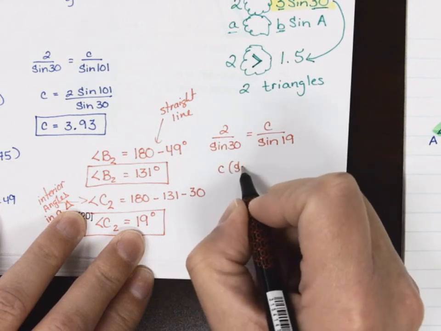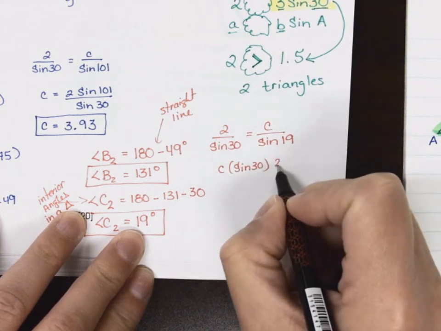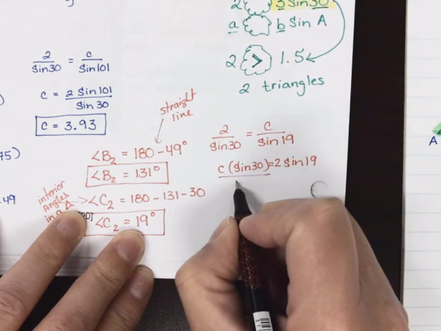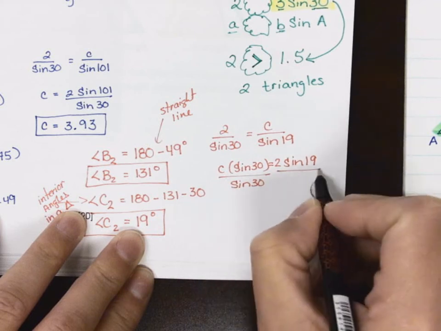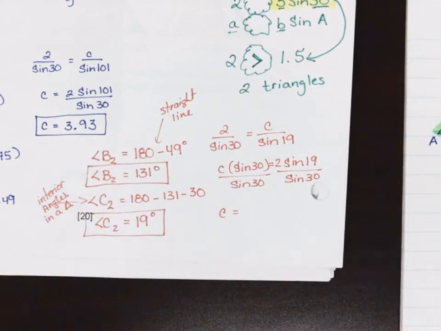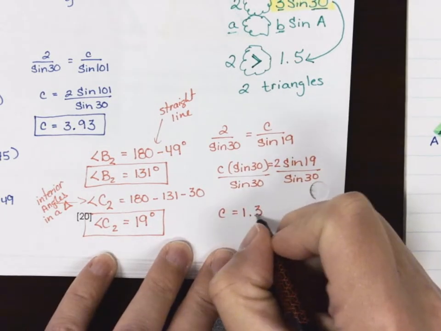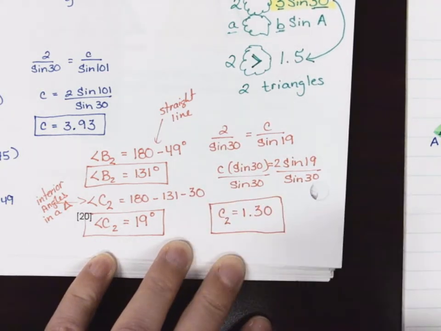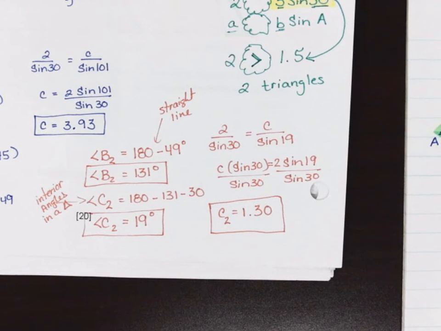C times sine of 30 equals 2 times sine of 19. Divide by sine of 30. So C is equal to, and we'll go 2 decimal places. I'll call that C2 because it's my second C.